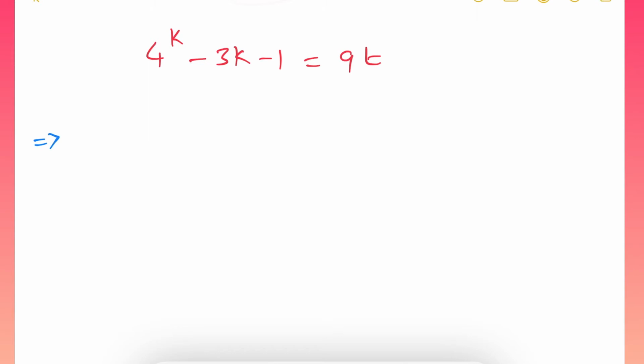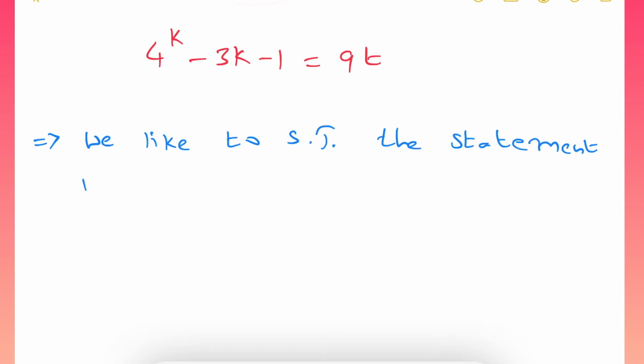We like to show that the statement is true for n equals to k plus 1. That is, in the question, wherever we have n, in the place of n we need to substitute k plus 1.